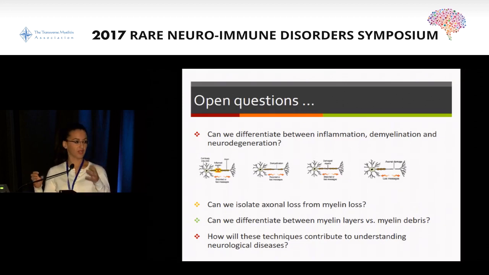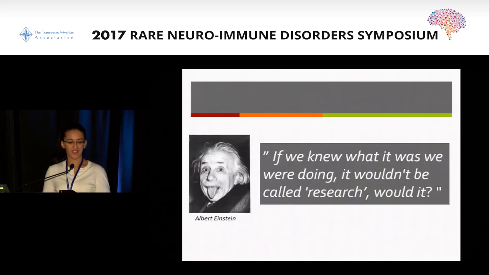Everybody's familiar now with what an axon is, what myelin is, but we don't have ways right now to differentiate between the two. Also, I think there's a talk later about remyelination. So the question is, can we use this imaging technique to measure remyelination? So there's a lot to do, certainly more questions than answers.